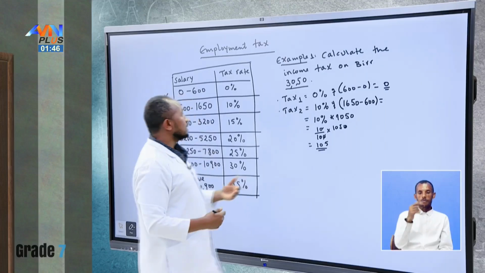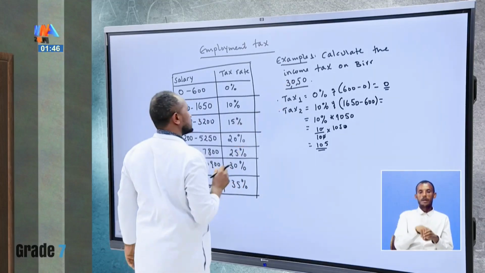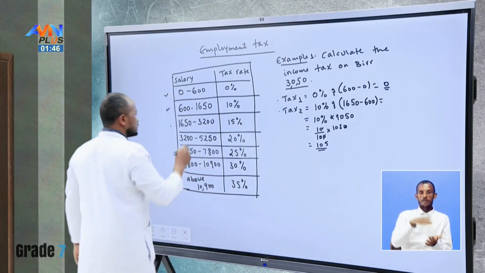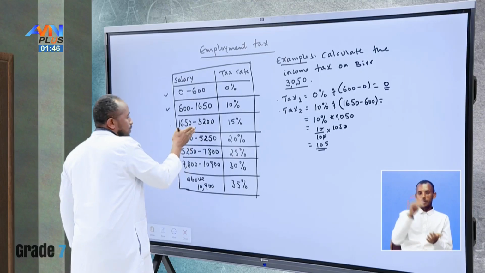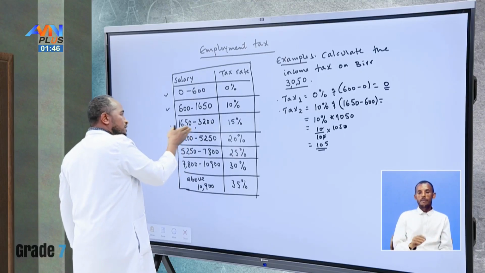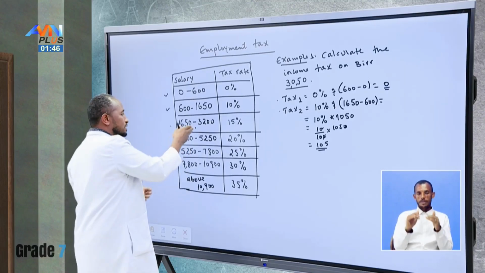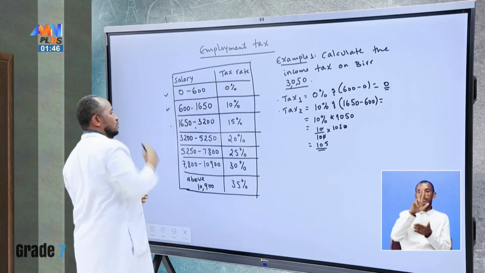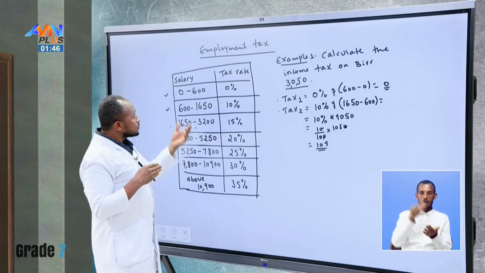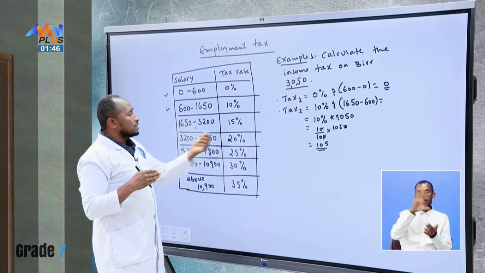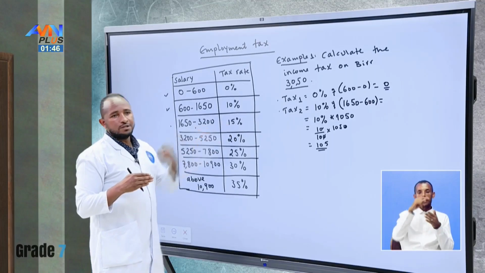Now let's proceed. The income is 3,050. So 3,050 is here. On this interval, the income amount is the difference between 3,050 and 1,650. So for this portion, the tax paid will be 15%.